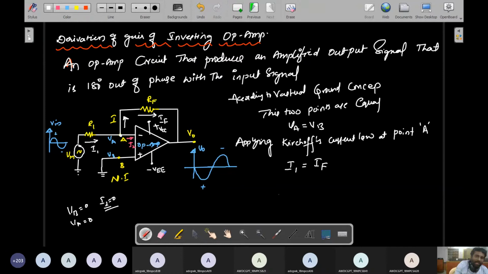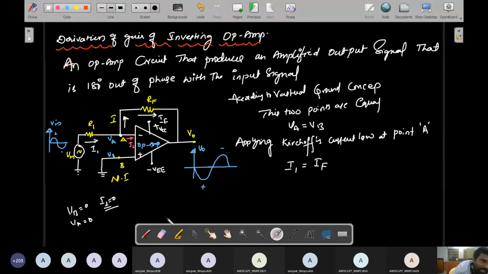Okay, but you know the current formula. What is the voltage across this resistor R1, and what is the voltage across this resistor RF?